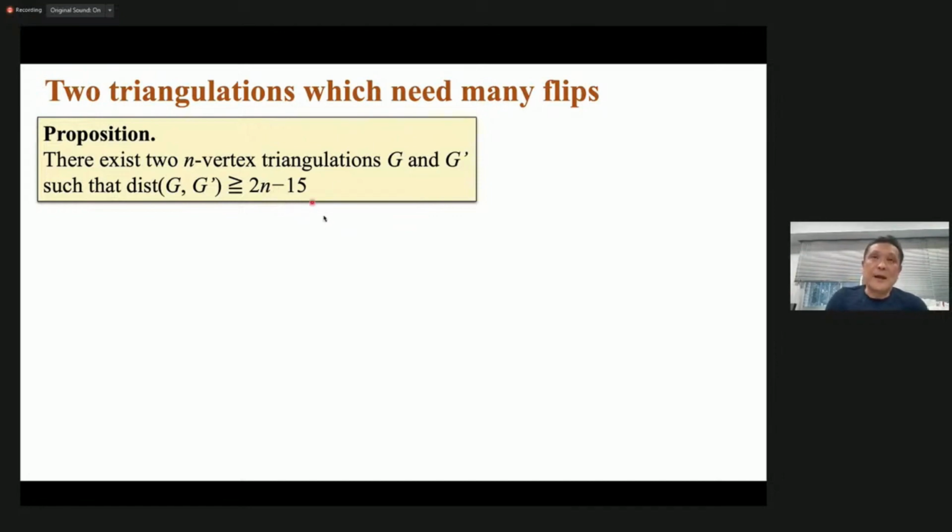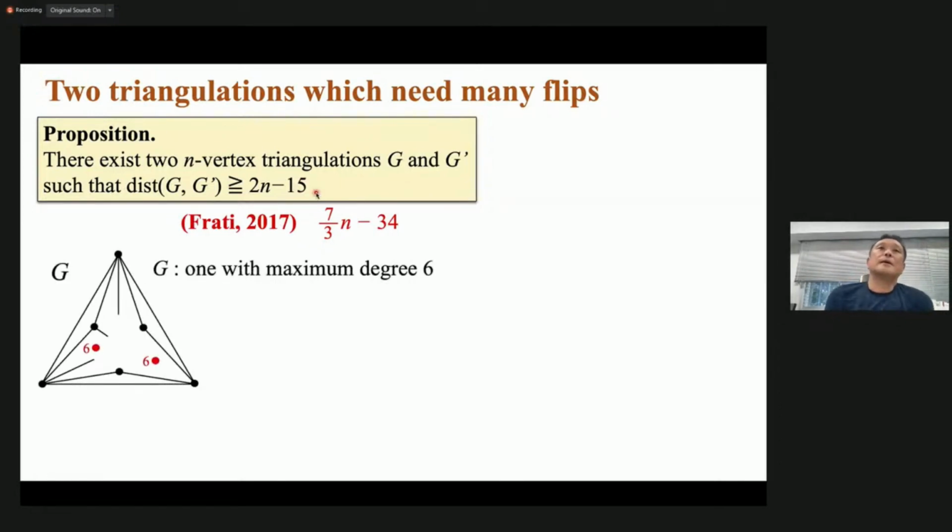We can prove this very easily, so I'd like to mention it. Very recently, this 2n minus constant has been improved to this, but it is a little bit complicated, so we don't mention it.